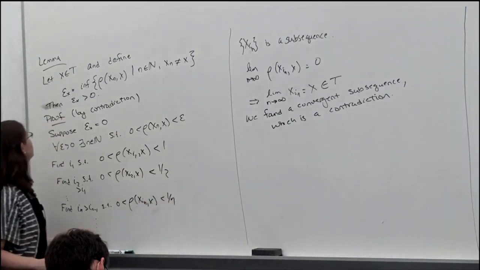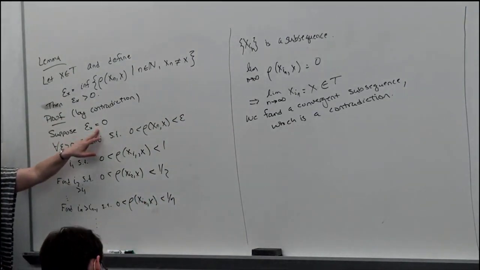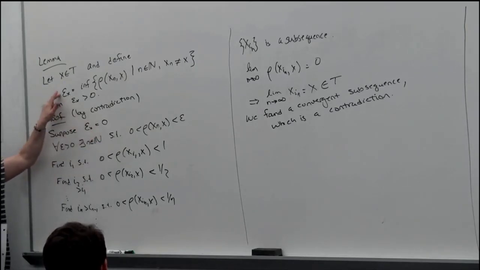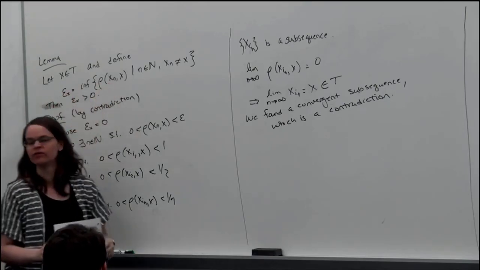So what was our assumption? Our assumption was that epsilon_x was equal to 0. That must be wrong. It must be the case that actually epsilon_x is strictly positive. Of course, these are distances. They can never be negative.